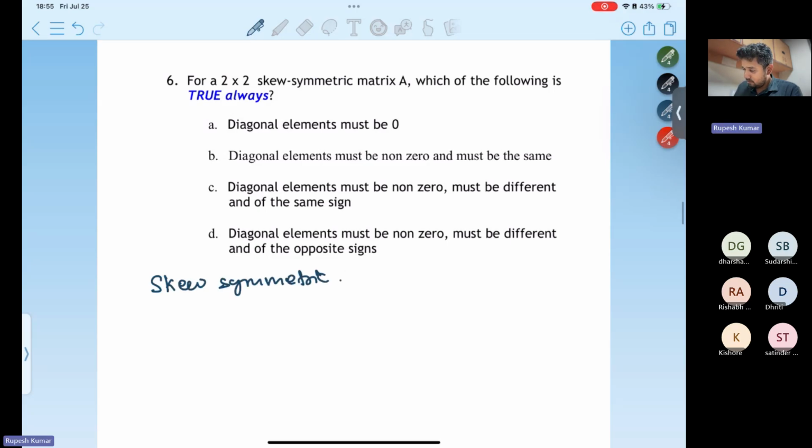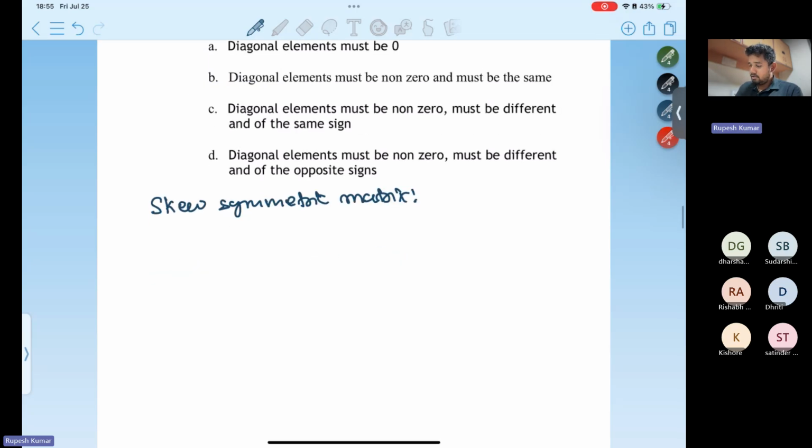What is a symmetric matrix? Let's say you have a matrix A, a square matrix A. So let's jump to this and write the definition for a square matrix A.